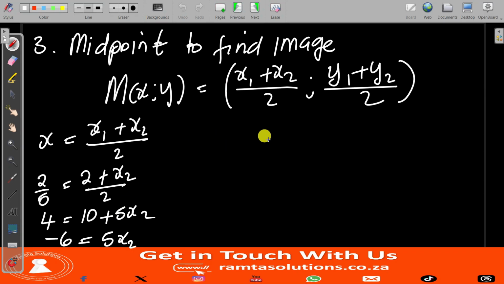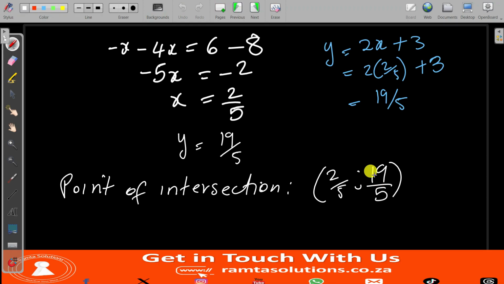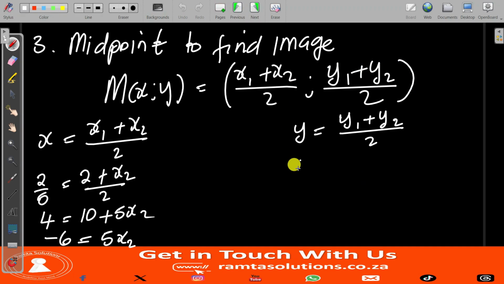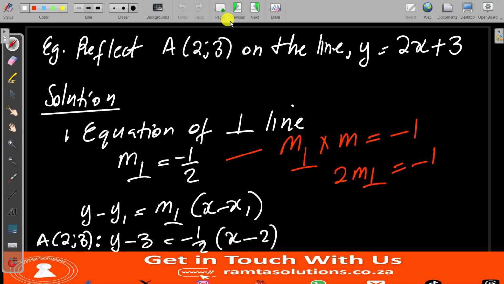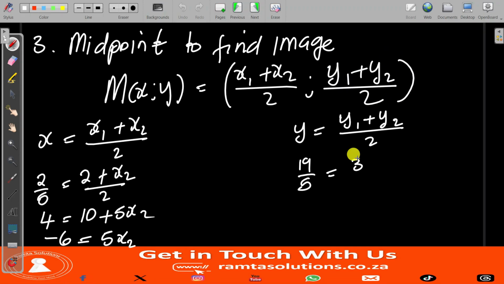Now, the y value of the midpoint will say m equals y sub 1 plus y sub 2 all over 2. What was the y value of the midpoint? It was 19 over 5. 19 over 5 equals y value of the given point was 3, right? It was 2, 3. Yes, it's 3. Plus, we don't know the y value of the image. So multiplying throughout by 2 and multiplying throughout by 5. 19 times 2 will be 38. I want to believe so.